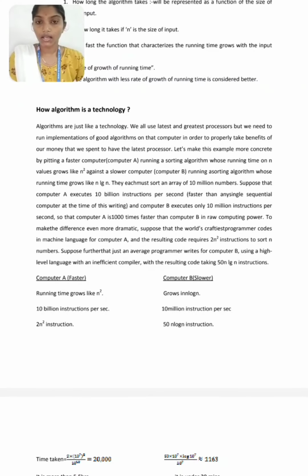Next, algorithms as a technology. We may use the latest and greatest processor, but we need to run an implementation of a good algorithm on the computer in order to get the value of the money we spent on the latest processor. Let us make the example more concrete by pitting a faster computer A running insertion sort, whose running time grows like n square, against a slower computer B running merge sort, whose running time grows like n log n.